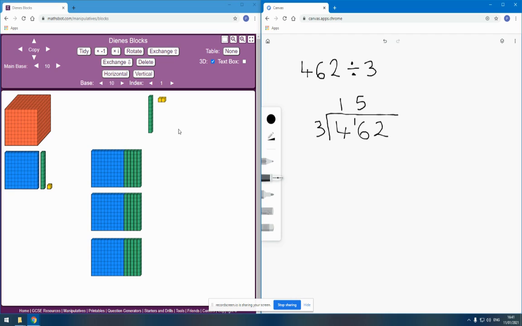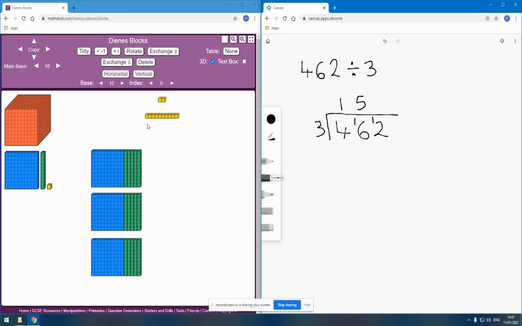in its current form. So again, what I'm going to do is exchange that, not drag it. I'm going to exchange that for 10 ones. And now I have these 10 ones plus my original 2 ones, so I have 12 ones altogether.